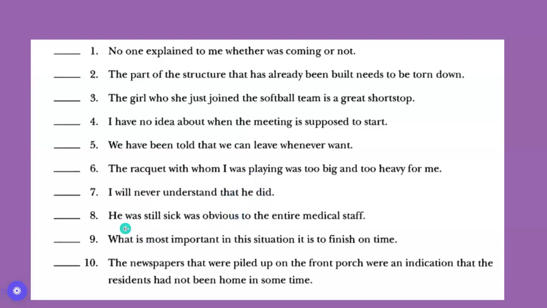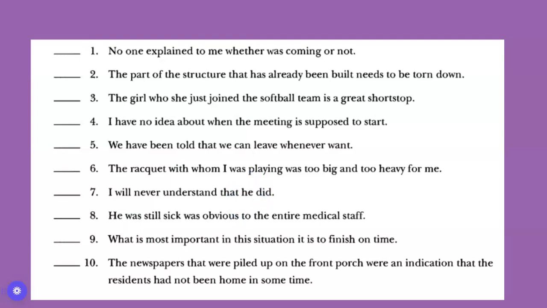Number 8, he was still sick was obvious to the entire medical staff. I think it's incorrect. It's incorrect because it's missing a connector.